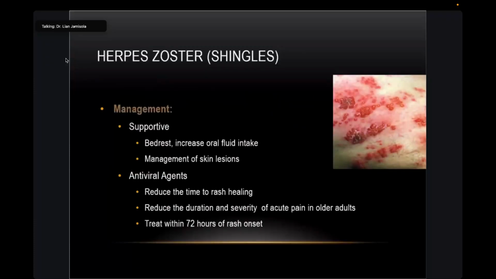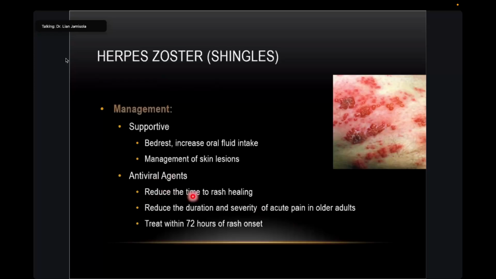Like any viral infection, it's self-limiting. So the primary management is supportive: bed rest, increased fluid intake. Skin lesions we manage if you see secondary bacterial infections. The antiviral agents may also help, of course, to reduce the time to healing and the duration and severity of acute pain, especially in older and immunocompromised adults.